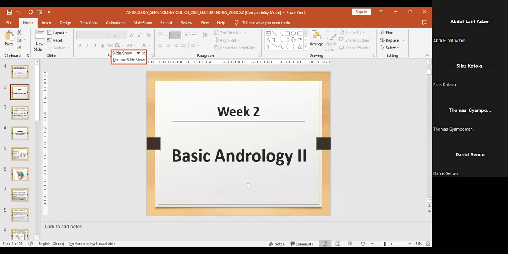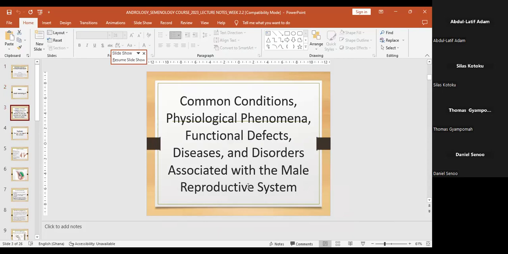Andrology 2. All right, so yesterday was still part of andrology 1. Today we're going to look at some of the common conditions, physiological phenomena, functional defects, diseases, and disorders that are associated with the male reproductive system.